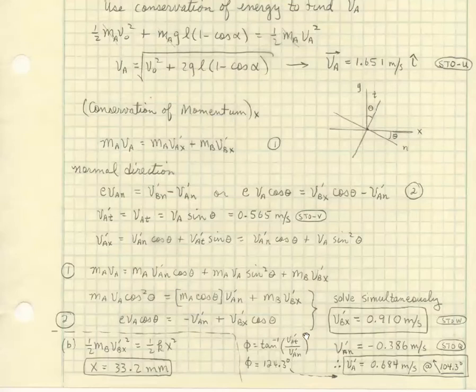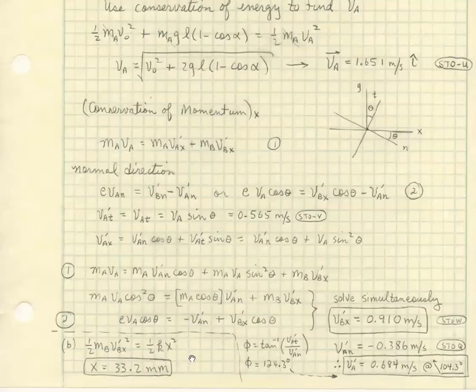So if we do the inverse tangent of these things, we'll end up with 124.8 degrees, excuse me, 124.3 degrees measured from the normal axis right here. If we want to be measuring from the x-axis, we need to take 20 degrees off of that. So we'd end up with 104.3 degrees then as the direction of VA.